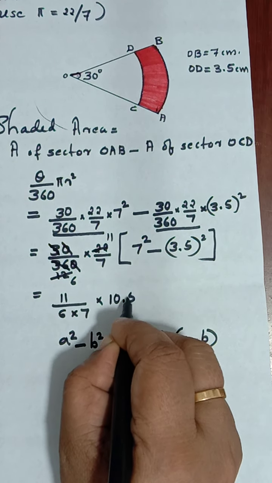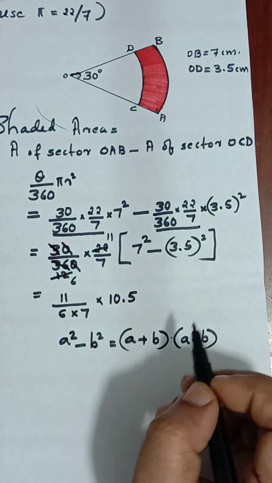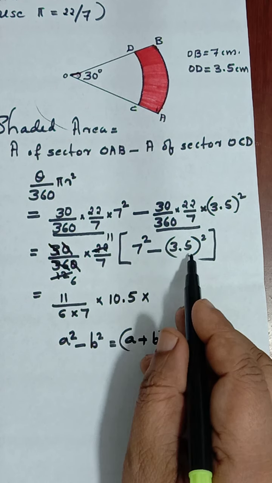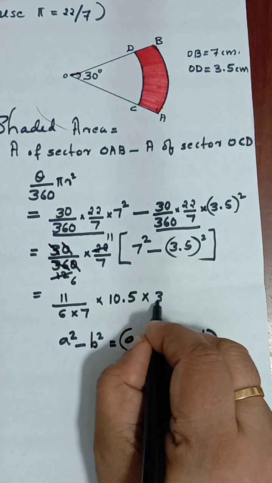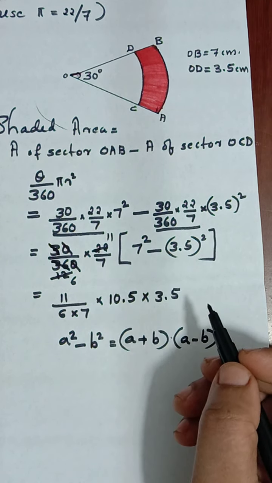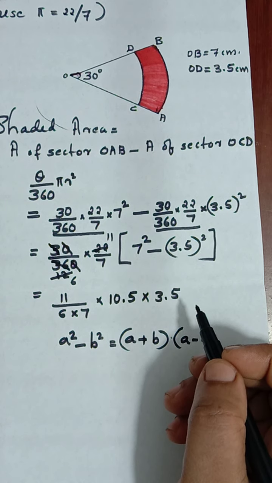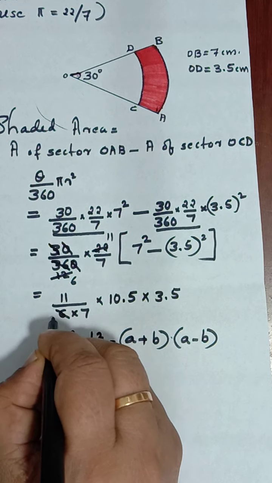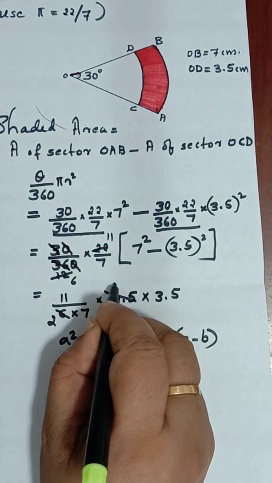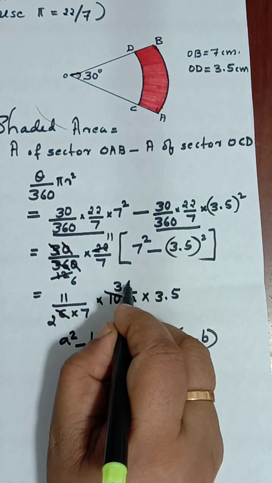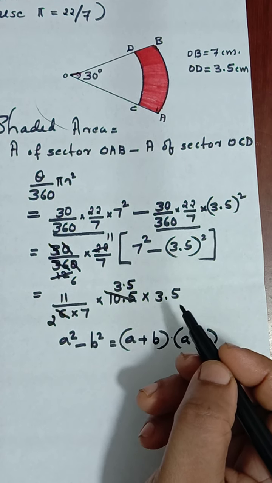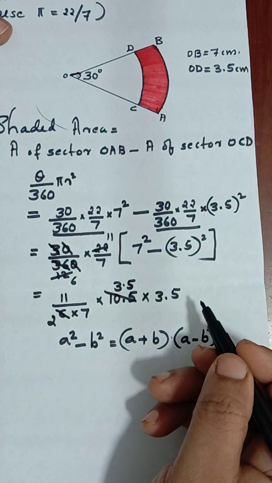It is 10.5, into a minus b, 7 minus 3.5, which is 3.5 itself. So here we have to calculate. We can divide it by 3 again. 3 times 3 is 9, 1 remainder, 15 comes, 3 fives are 15. Give the decimal. So 3.5 here we have.